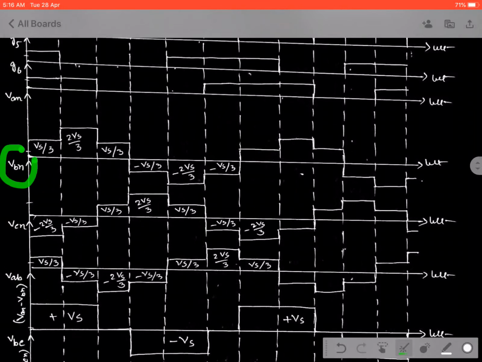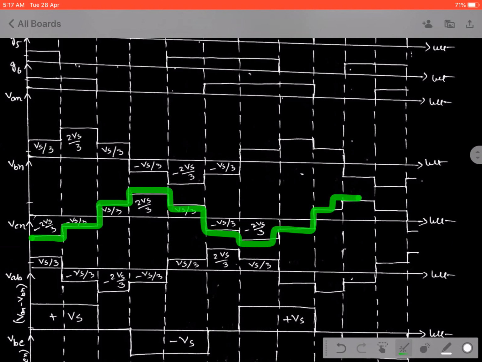Think about the VBN part, which one will it start from? Okay, so it will start from minus 2 Vs by 3, minus Vs by 3, plus Vs by 3, plus 2 Vs by 3, then Vs by 3, again minus Vs by 3, minus 2 Vs by 3, minus Vs by 3, and it will be continued for the next cycle onward.